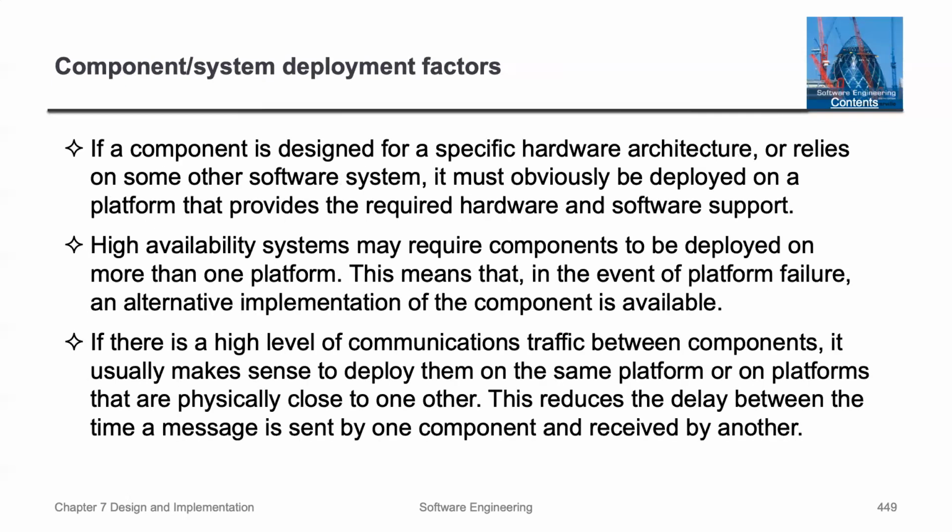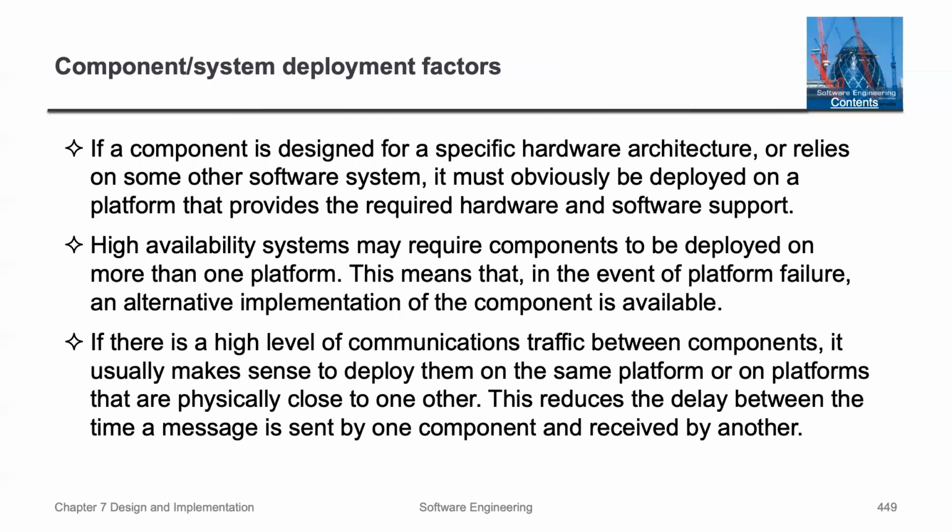In terms of component and system deployment factors, if a component is designed for a specific hardware architecture or relies on some other software system, it must obviously be deployed on a platform that provides the required hardware and software support. High availability systems may require components to be deployed on more than one platform.